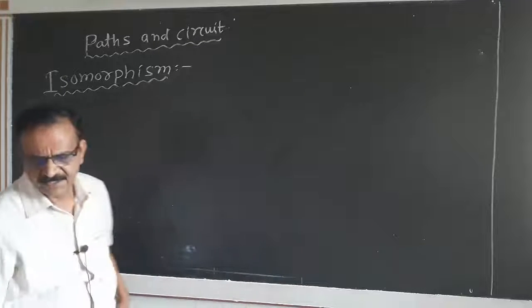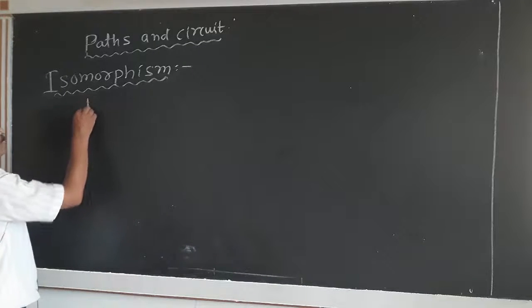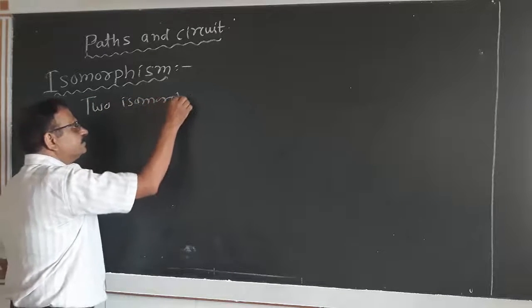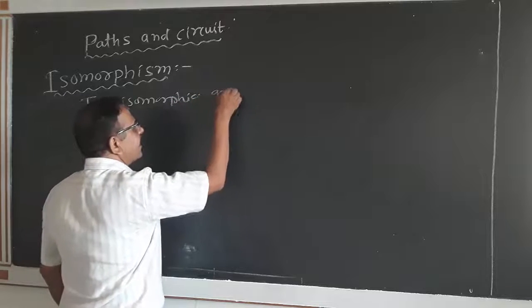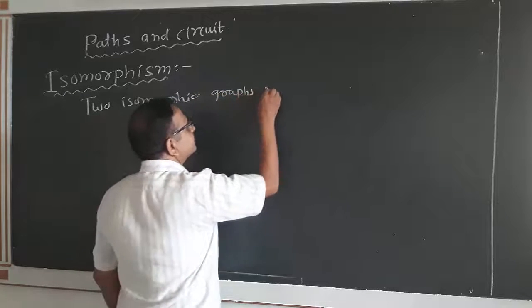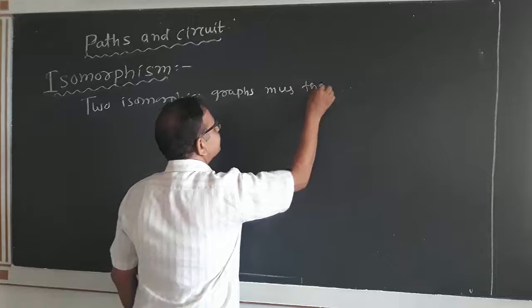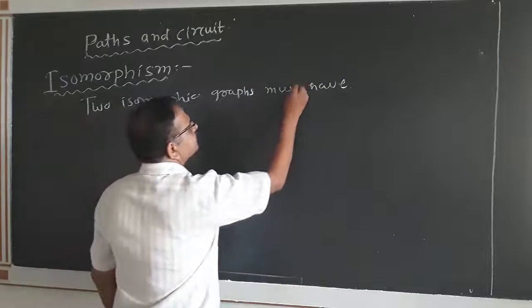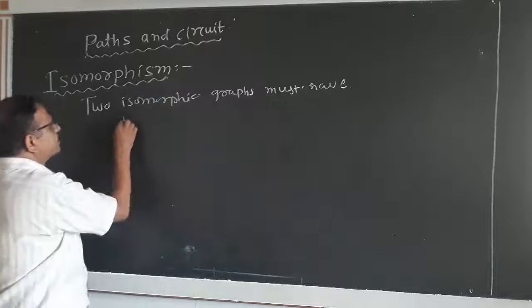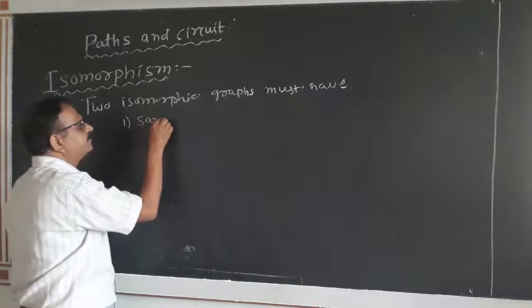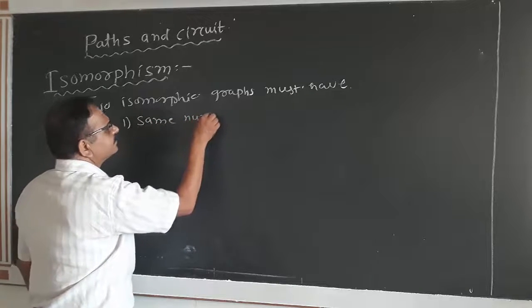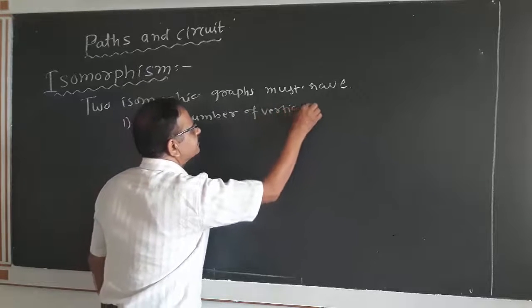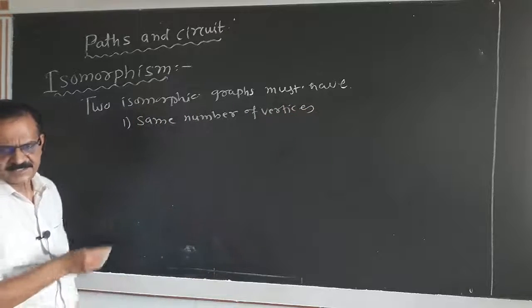Two isomorphic graphs must have, first, the same number of vertices.